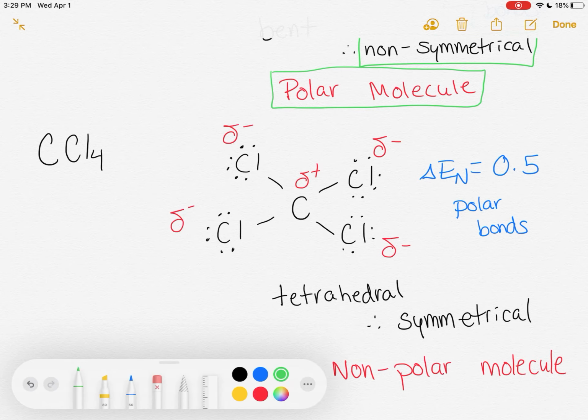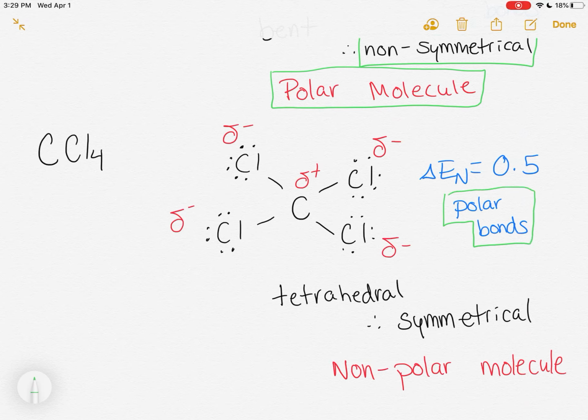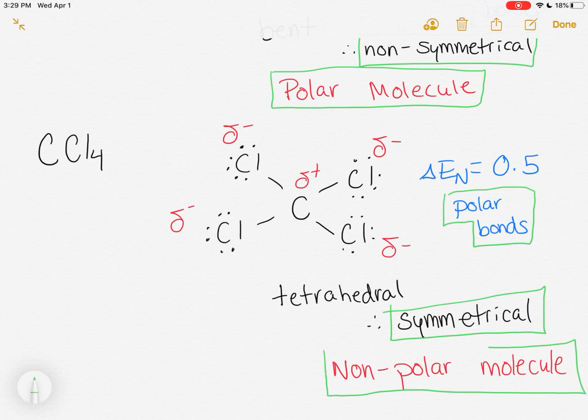So the way that worked out is we had polar bonds, but we had a symmetrical shape. So we are ending up with a nonpolar molecule.